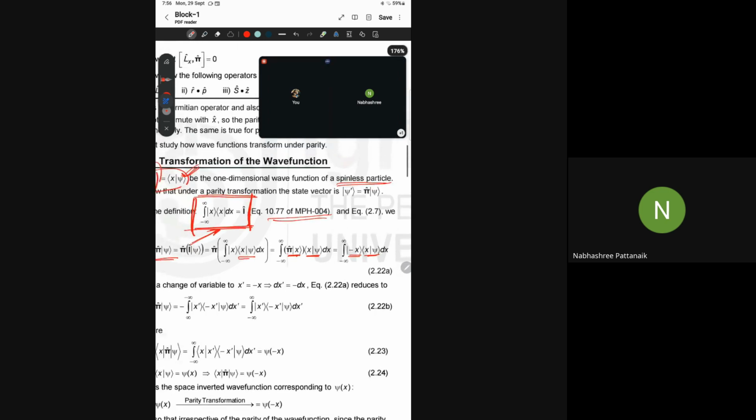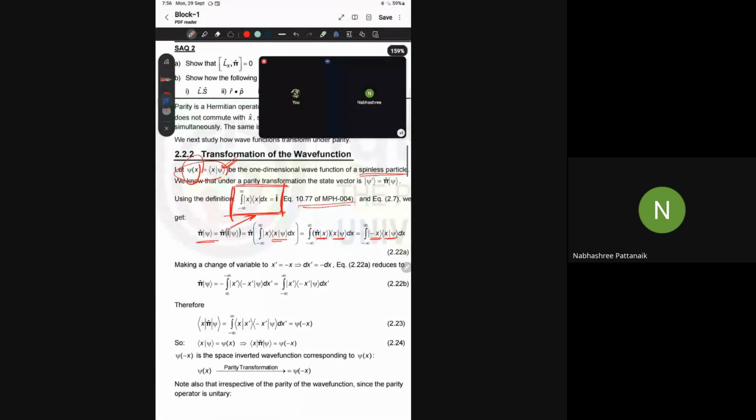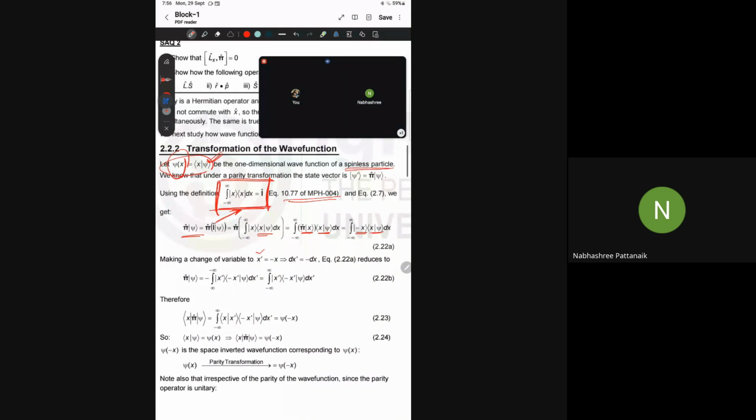Now we make a change of variable: x prime is equal to minus x. If we write x prime equal to minus x, then dx prime will be equal to minus dx. We substitute these parts into this equation.